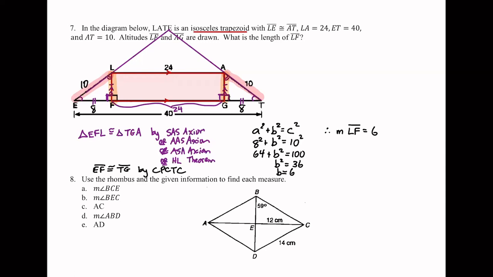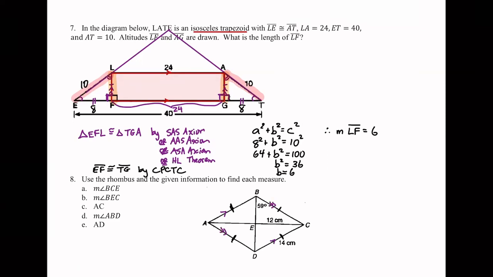Like in number 8, use the rhombus and the given information to find each measure. Yeah, we got numbers and stuff. But what do we know about rhombi? All sides are congruent. Opposite sides are parallel to one another, just like a parallelogram, because it is a parallelogram.